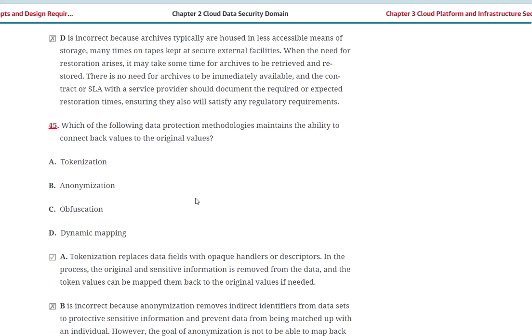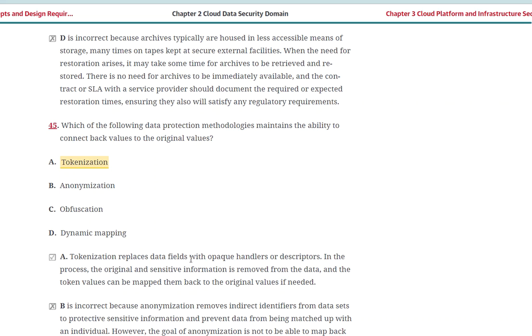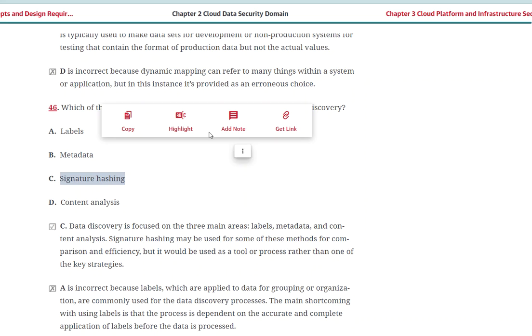Which of the following data protection methodologies maintains the ability to connect back values to the original values? And the correct answer is tokenization. Question 46. Which of the following is not a commonly accepted strategy for data discovery? And the correct answer is signature hashing.